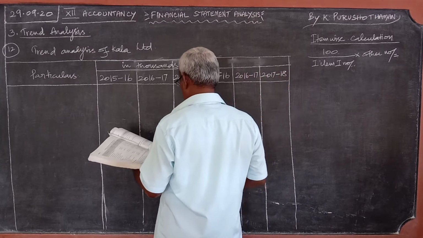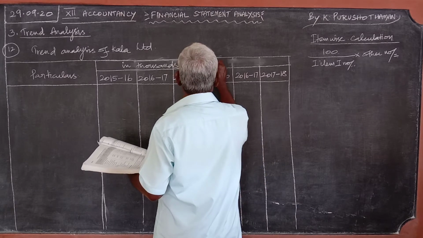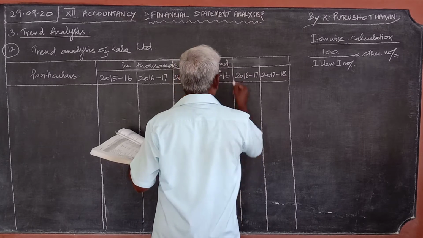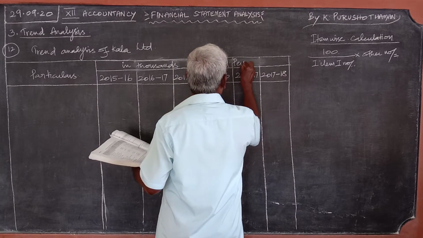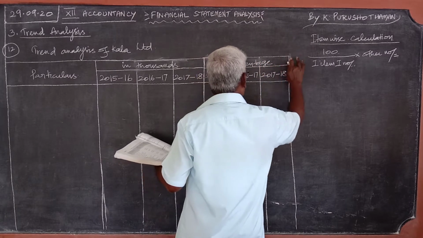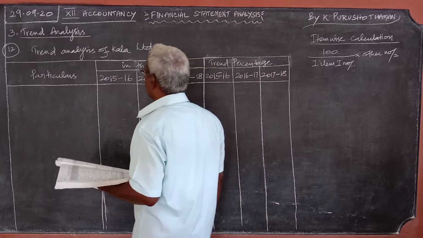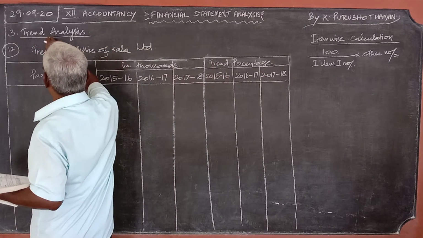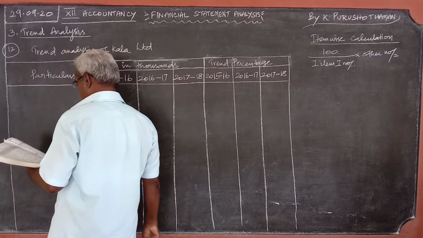This is trend percentage. This is the column layout for almost all the problems under this third method, trend analysis.